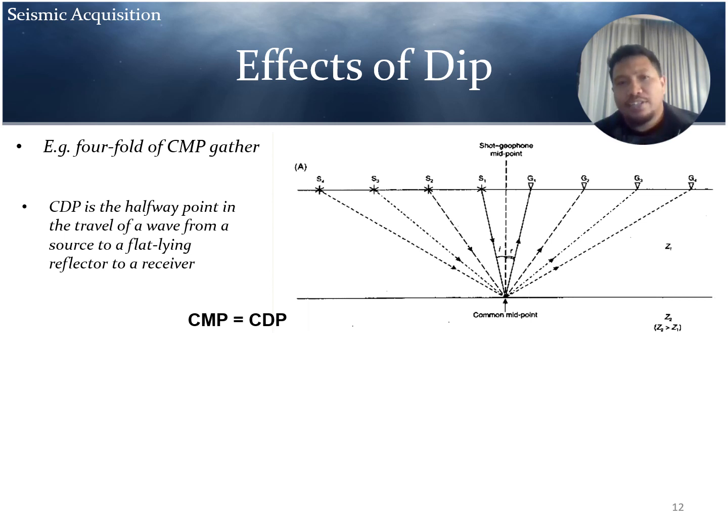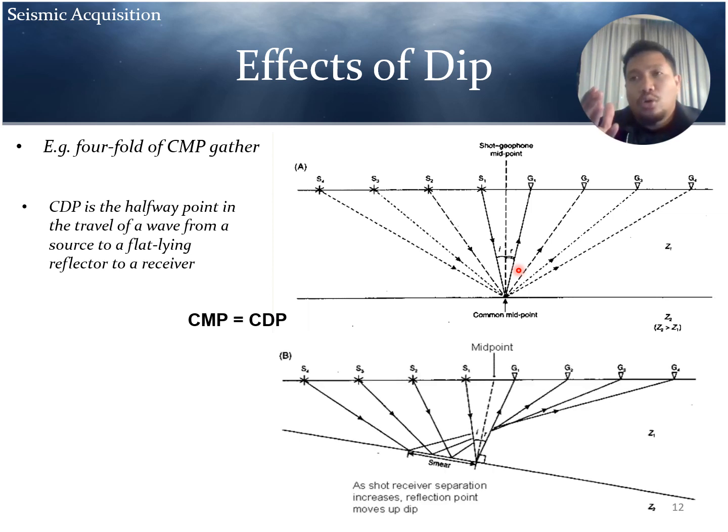As we discussed earlier, CMP gather can be equivalent to the CDP if the reflector is flat, but it will not always be the case. It will not be the case if the subsurface is irregular or the reflector is dipping. The reflection will be scattered, and we call this displacement of the maximum and minimum distance of reflection smear, as the ray path always obeys the Fermat principle.